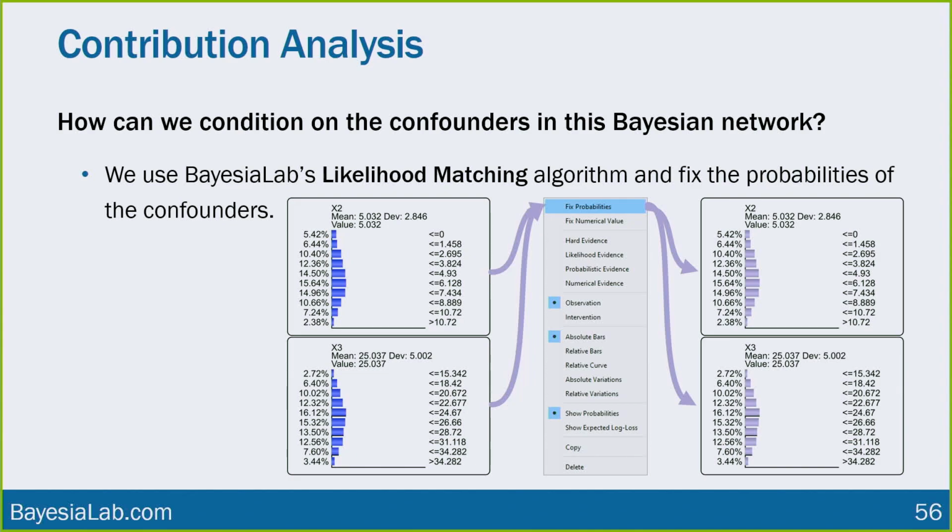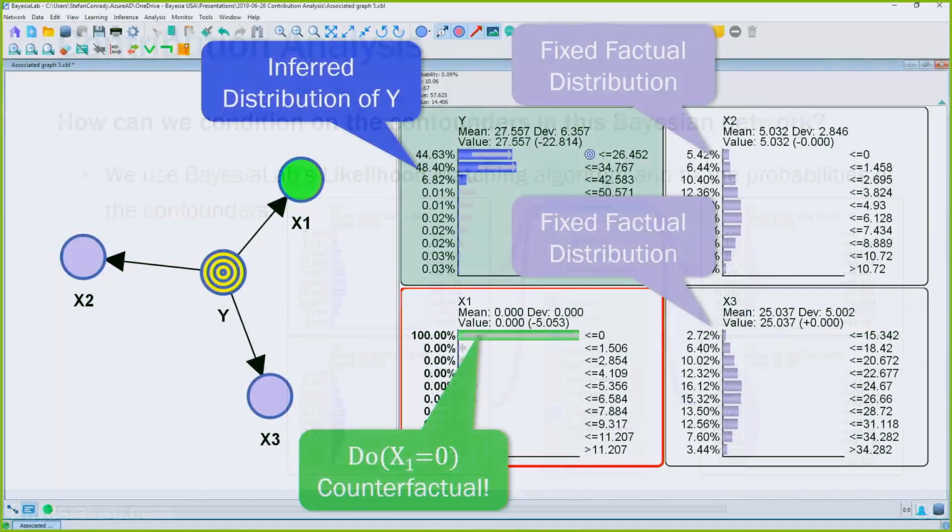By clicking fix probabilities, we lock in those distributions, we condition on them, and with that we can now compute the counterfactual inference. We can set x1 to 0, the counterfactual condition, and then read out the inferred distribution of y, and we can specifically look at that value.